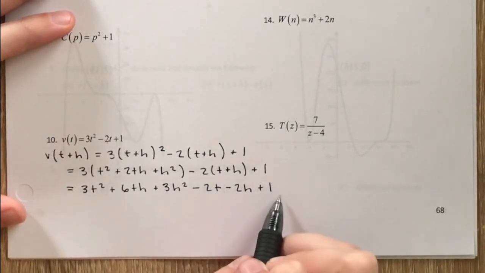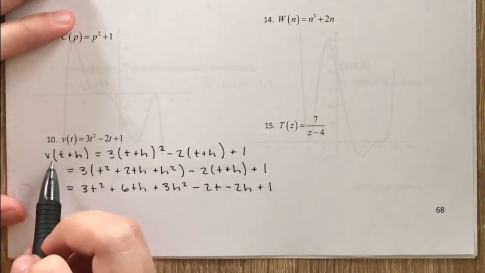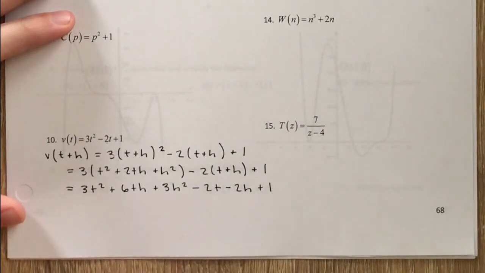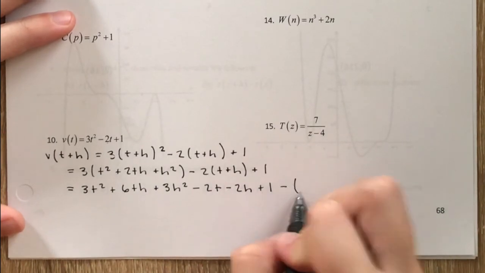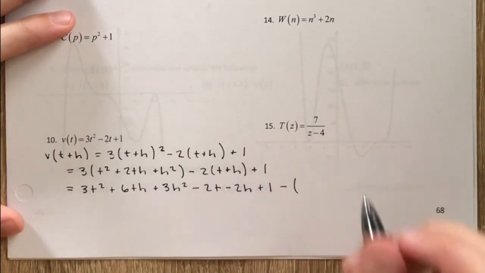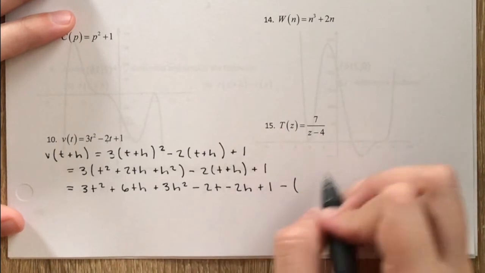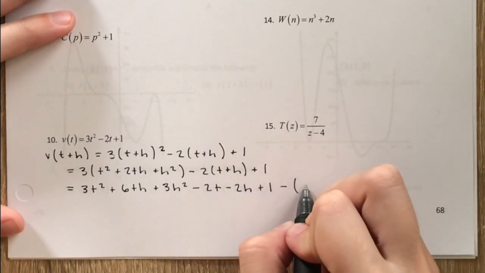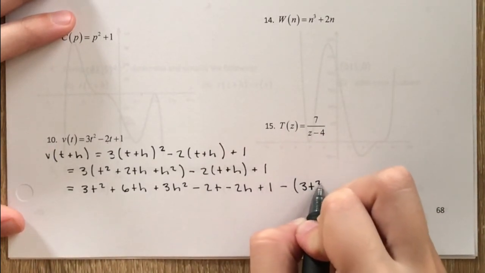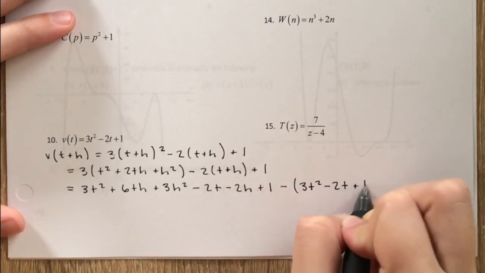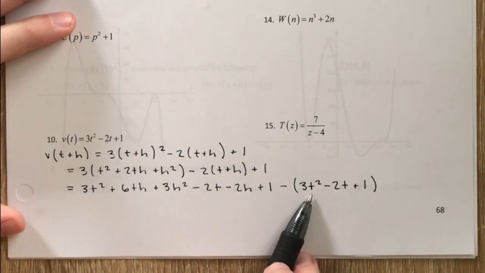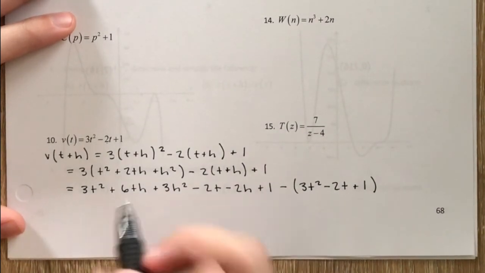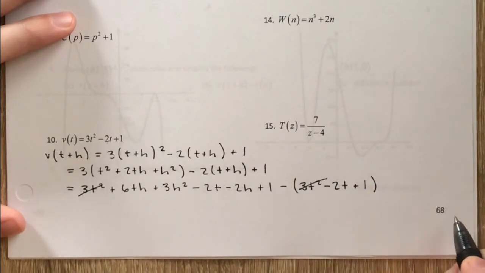Now we want to take this and subtract v of t, right? That's our next step. Step 2 is to subtract v of t. I'm just going to write it on the end here now that we've found it. Subtracting v of t, which is 3t squared minus 2t plus 1. We have 3t squared and 3t squared, but this one's getting subtracted, so this guy cancels.